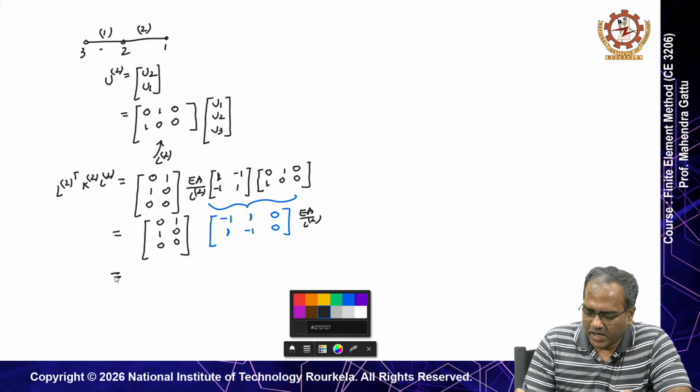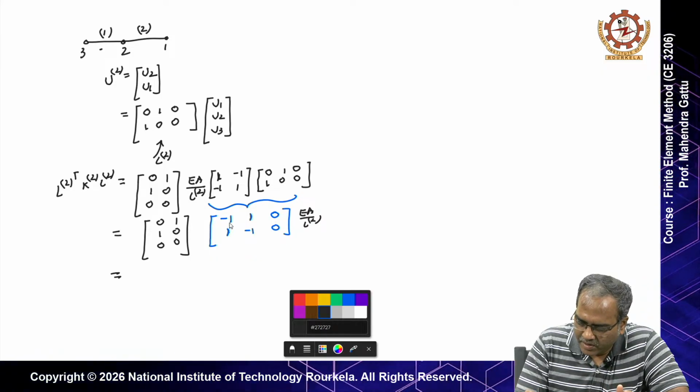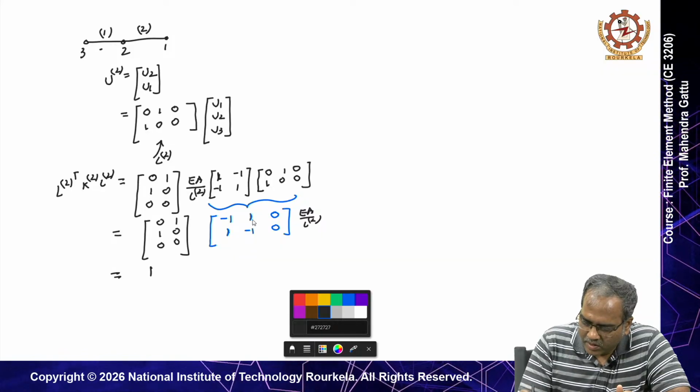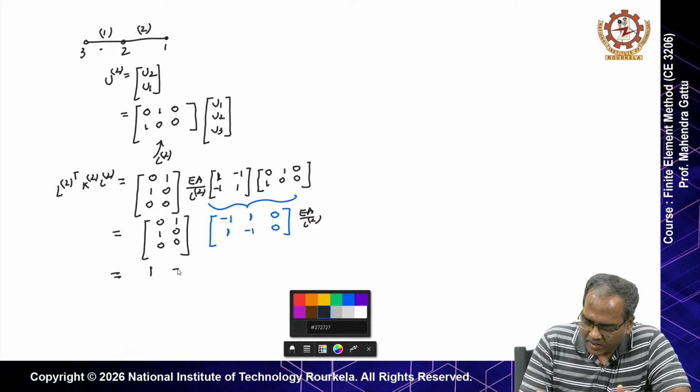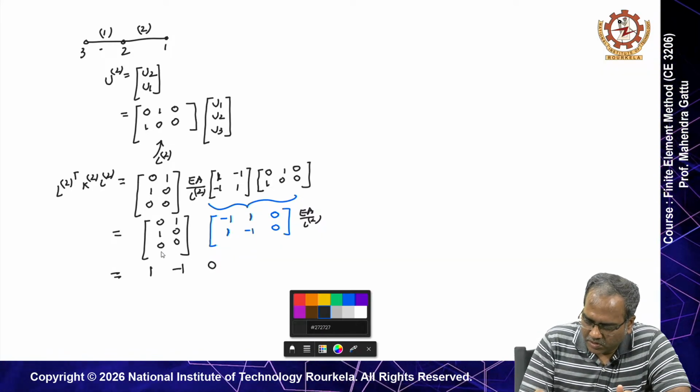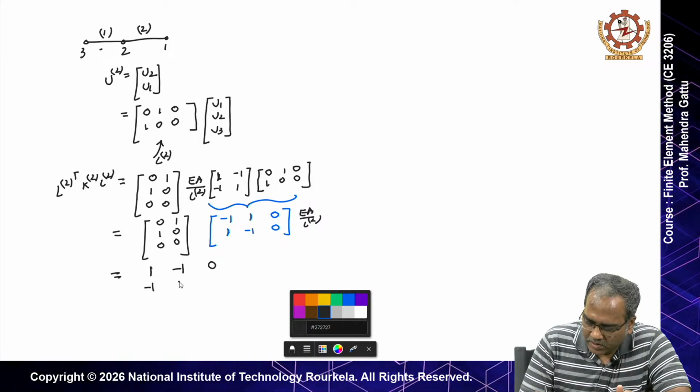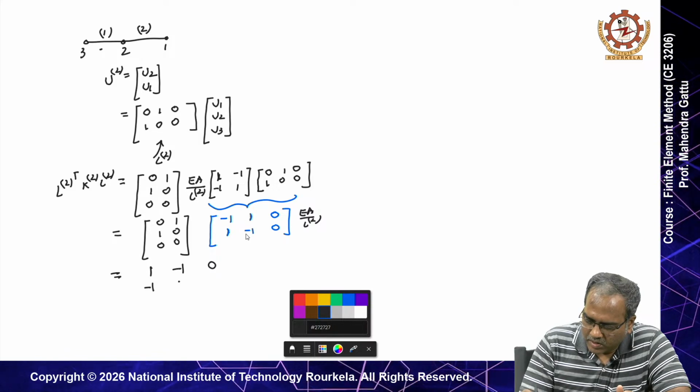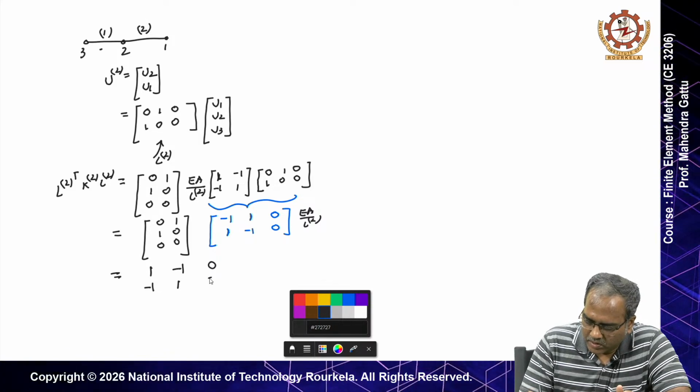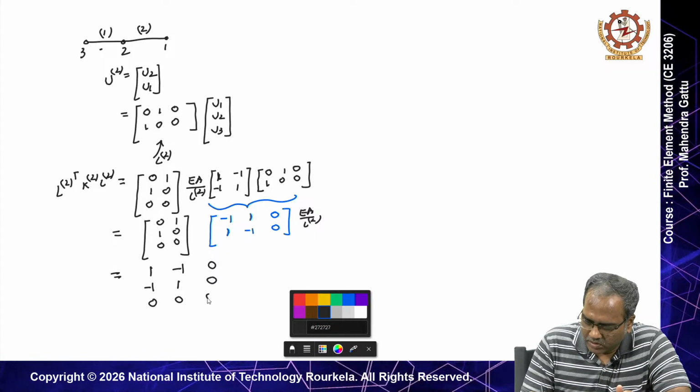If you do the calculation again, we will get 1, minus 1, 0, minus 1, 1, 0, 0, 0, 0.